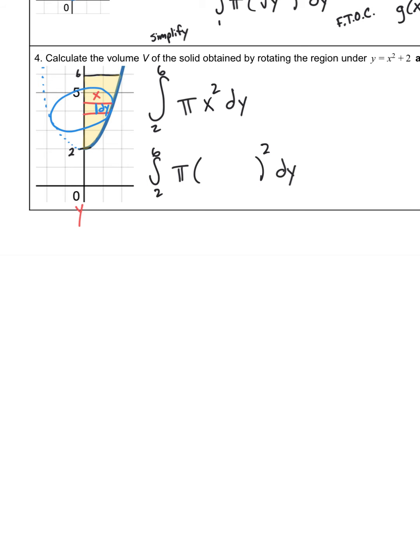So remember, when you're rotating about the y-axis, you must solve your equation for x. So we're going to take our original equation right here, y is equal to x squared plus 2, and we're going to solve that for x.